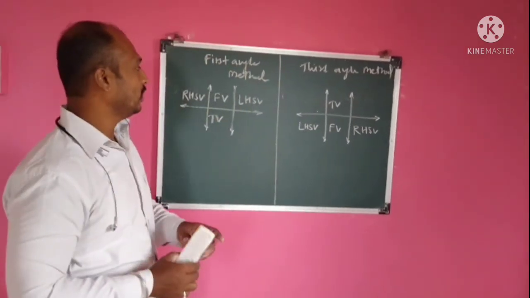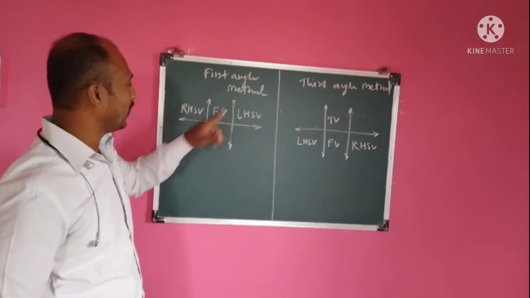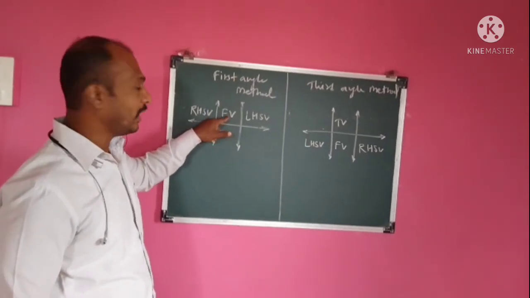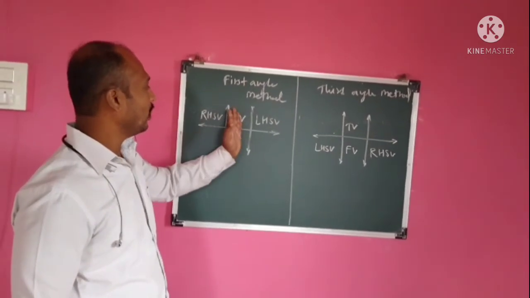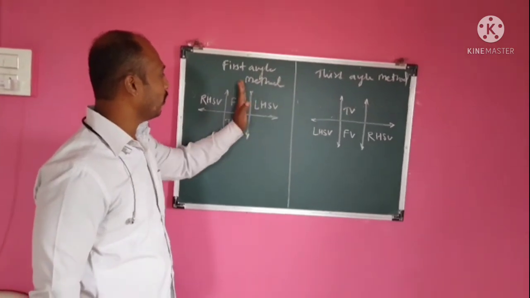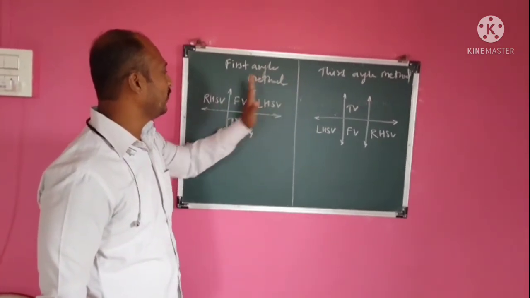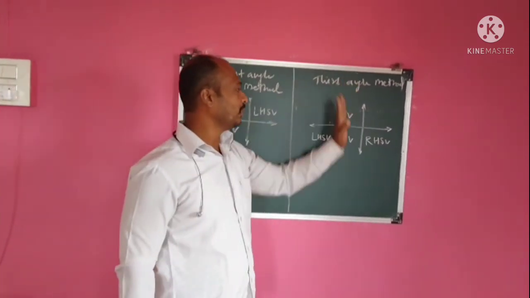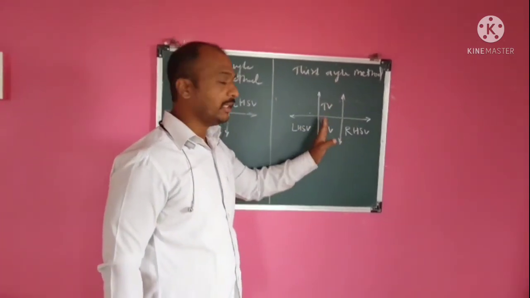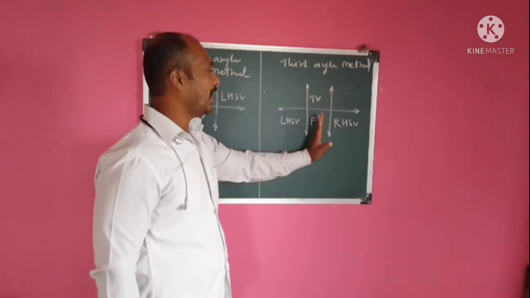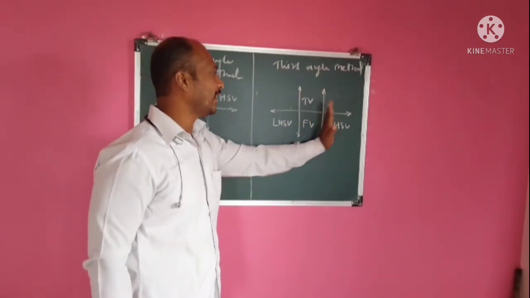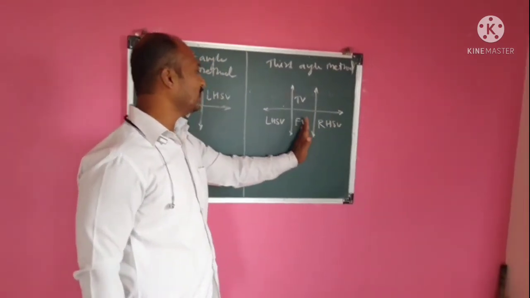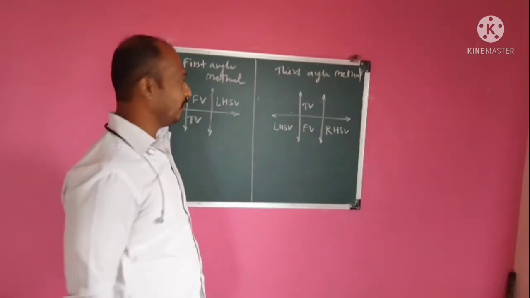In the first angle method, the front view is above the xy line, the top view below the xy line, the LHSV on the right side of the front view, and the RHSV on the left side. In the third angle projection, the front view is below the xy line, the top view above the xy line, the right hand side view on the right of the front view, and the left hand side view on the left.